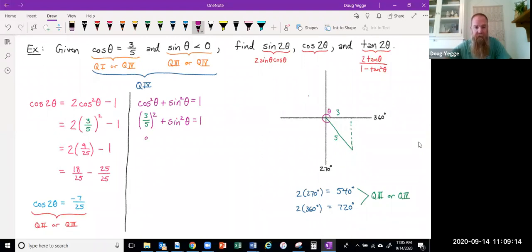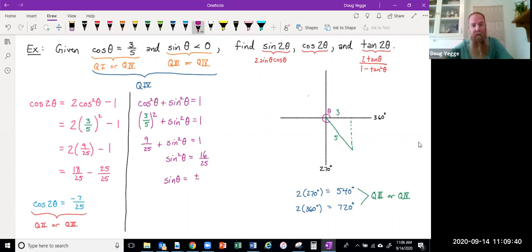And now again, just by manipulating this equation, we can find what sine theta is. So that gives us 9/25 plus sine squared theta equals 1. If I subtract 9/25 from both sides, that becomes sine squared of theta is equal to 16/25, which implies by taking the square root, the sine of theta is either plus or minus.